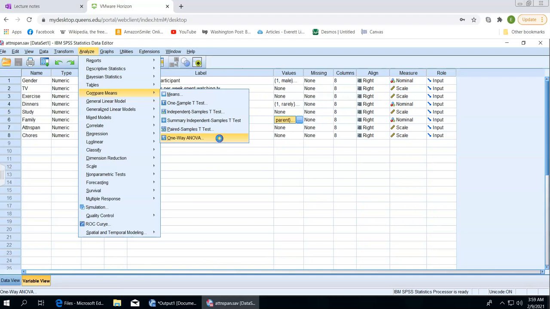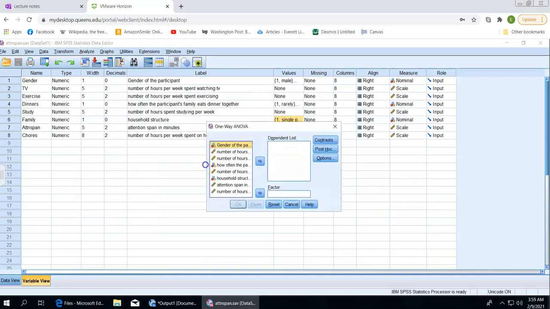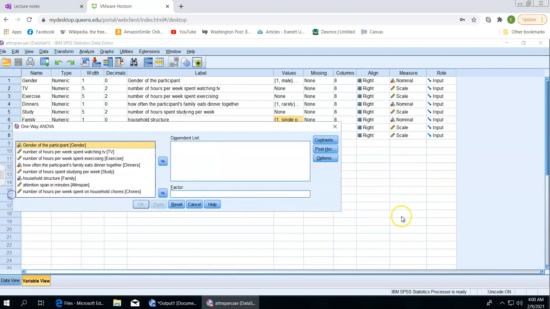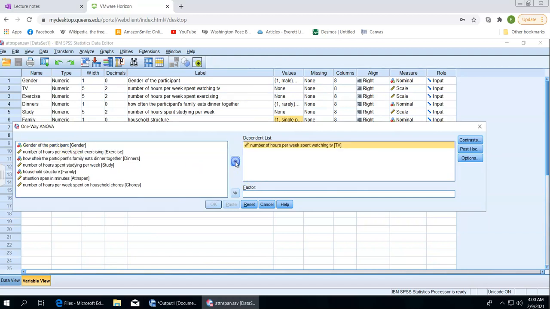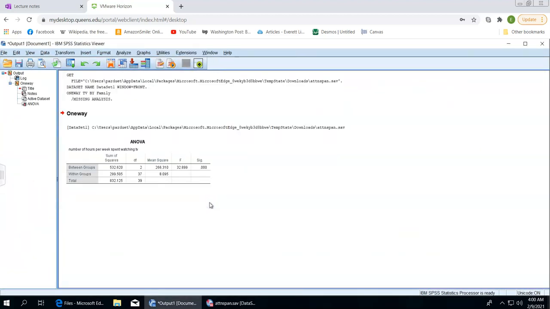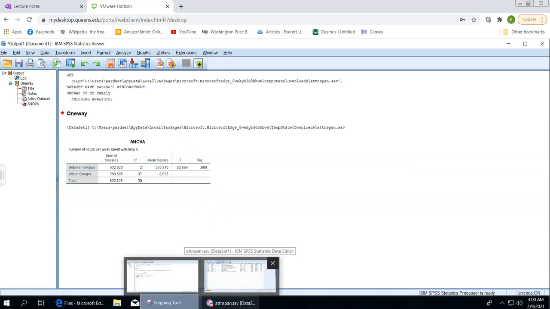So Analyze, Compare Means, One-Way ANOVA, and we're going to take our numeric variable, put it under dependent list. So that is the number of hours per week spent watching TV. And our factor is household structure. So that's going over there. If you click OK, it doesn't give you a whole lot of output.